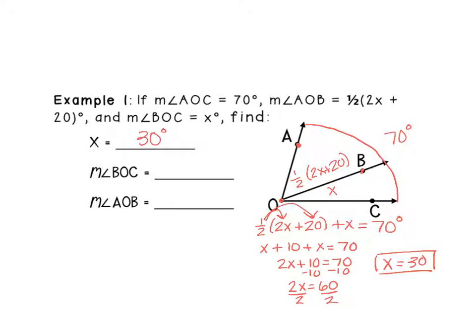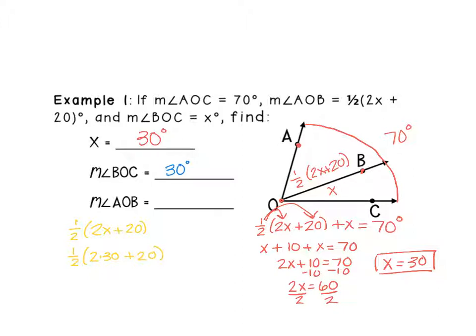But then they also asked me to find BOC and AOB. Well, BOC just equals x. So since x equals 30, then BOC also just equals 30. But when I'm looking at AOB, it is 1/2 times 2x plus 20. So I'll have 1/2 times 2 times 30 plus 20.